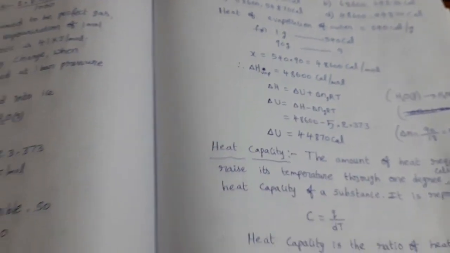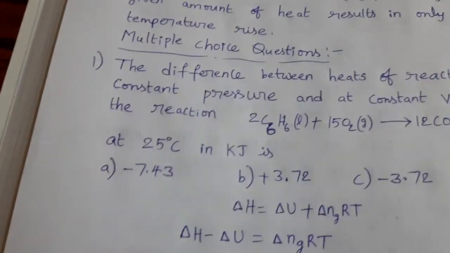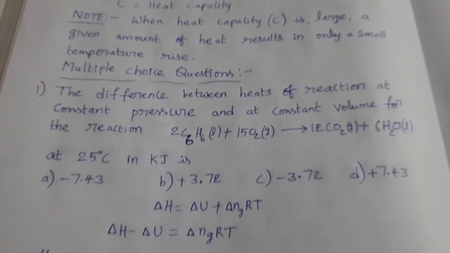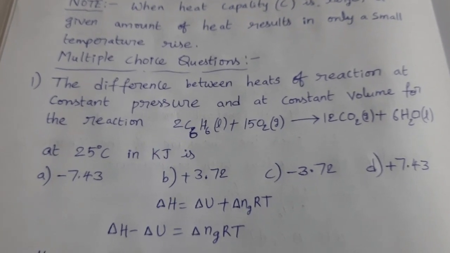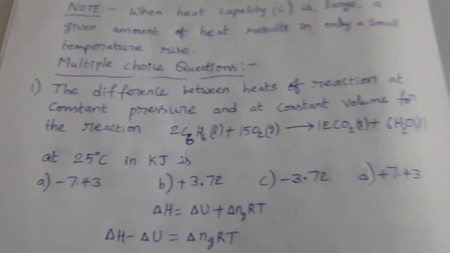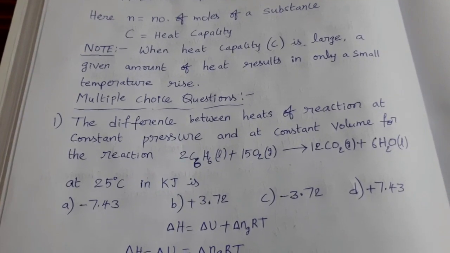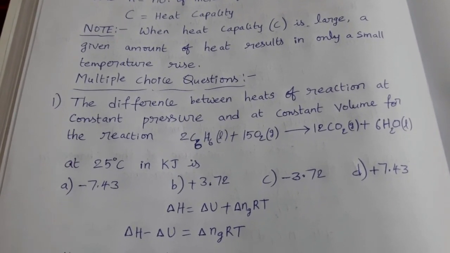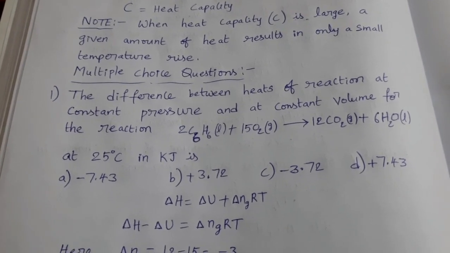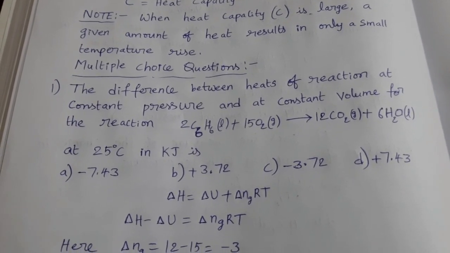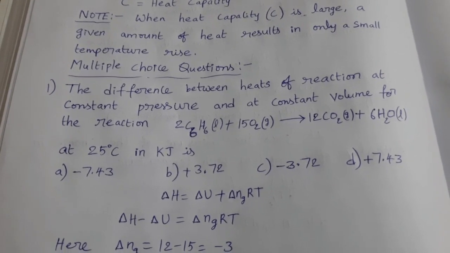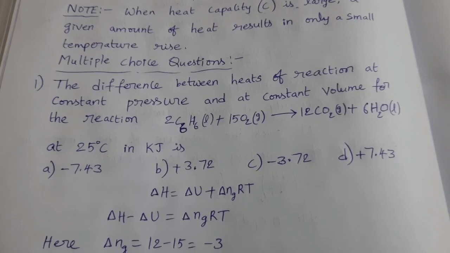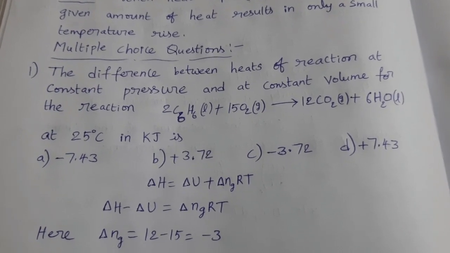Okay. See the next question. The difference between heats of reaction at constant pressure and at constant volume for the reaction. At constant pressure means delta H, at constant volume means delta U. We want this for the given reaction at 25 degrees Celsius in kilojoules.